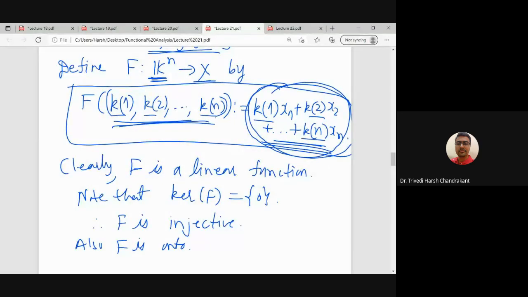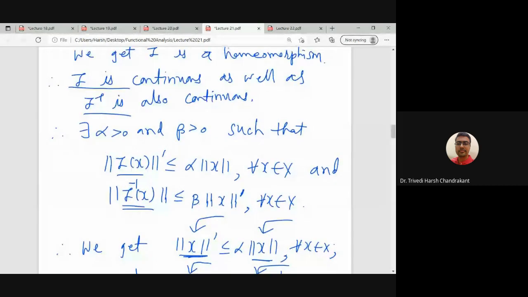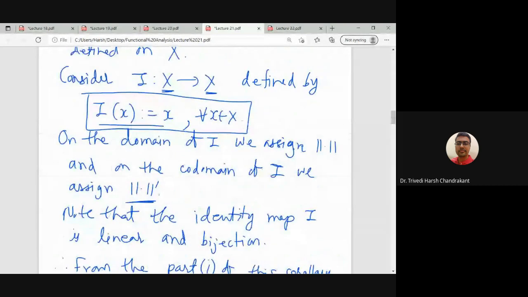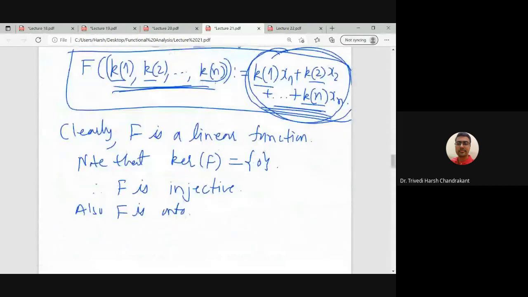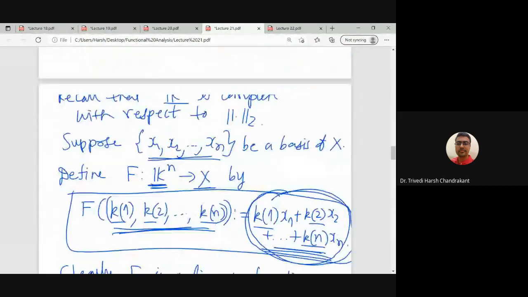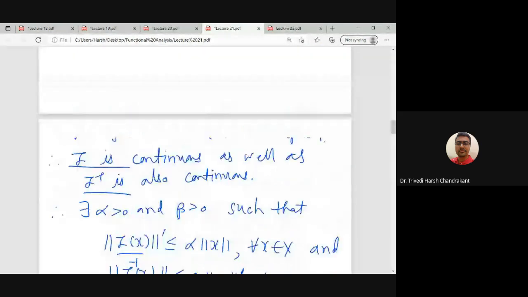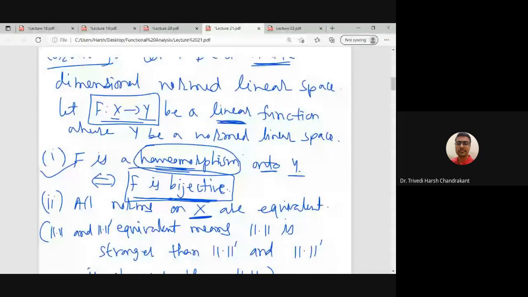So now we can use this part: whenever we have a continuous bijective function which is linear, that is a homeomorphism, right?